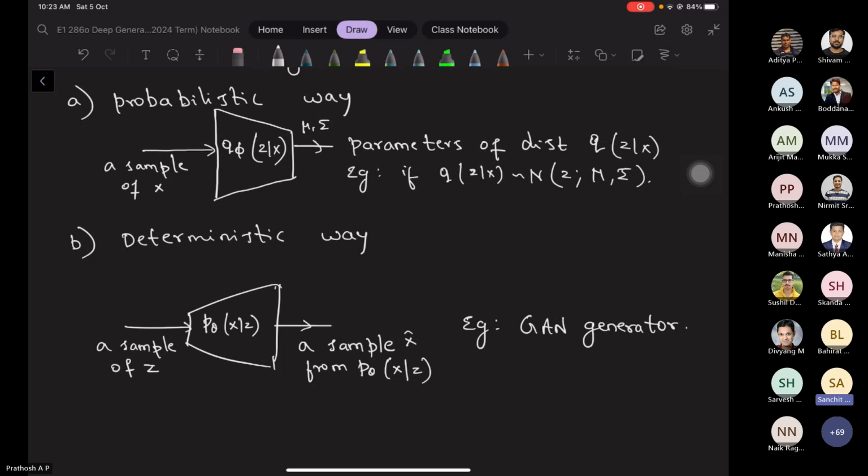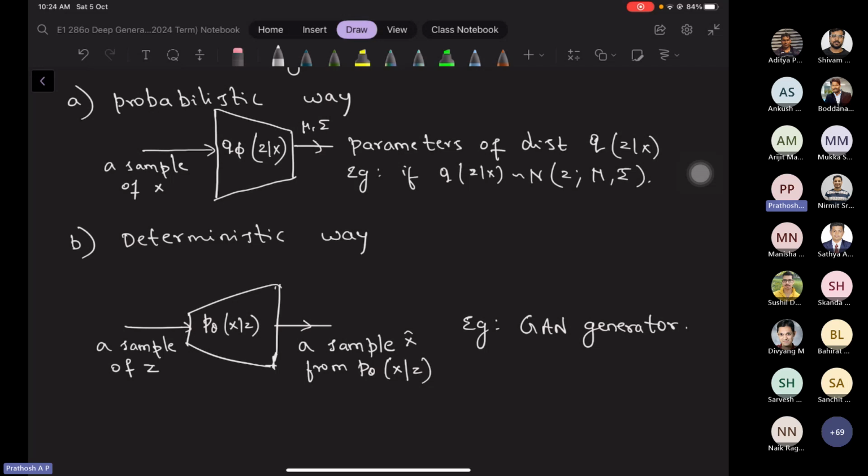Sir, but for a given Z also, the sample X will be different, right? No, not in a GAN. In a GAN, if you fix Z, you'll always get the same X, because neural networks are deterministic functions. That's the whole point that I'm trying to make.